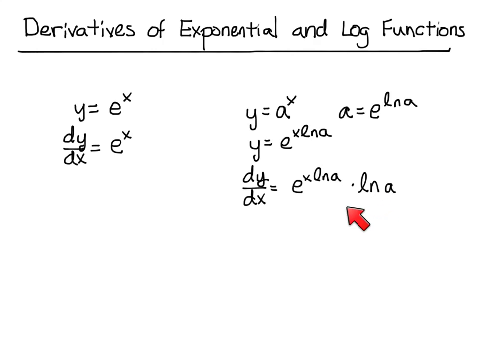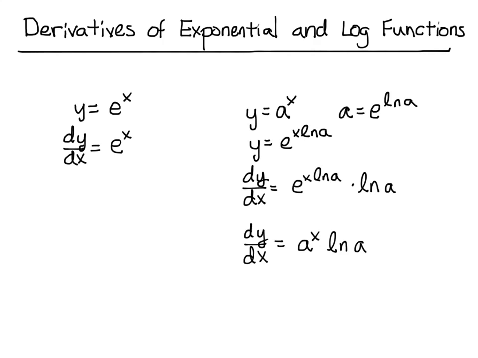Now here's where the sleight of hand comes in. Remember this as being y? This e to the x ln a is just y, which also is a to the x. We can substitute that back in. So here's our derivative of a general exponential function: the derivative of y equals a to the x is just a to the x ln a.